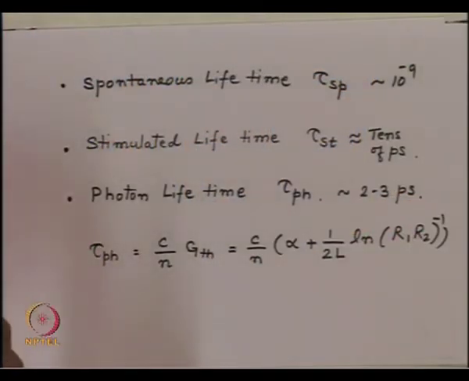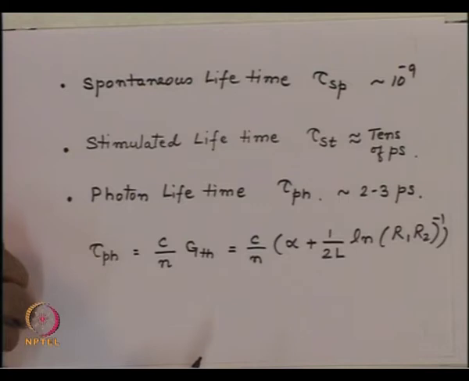What that means is that for a typical device, we cannot have the radiation or the modulation which can change shorter than 2 to 3 picosecond, because once the photon is generated, you will not be able to change the photon flux within this time, which is the photon lifetime.